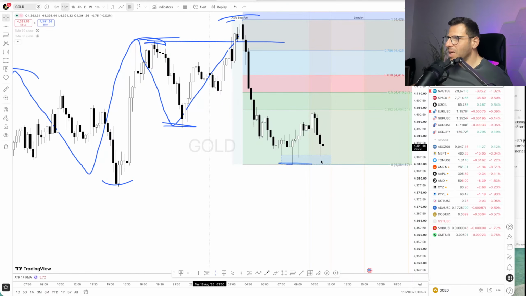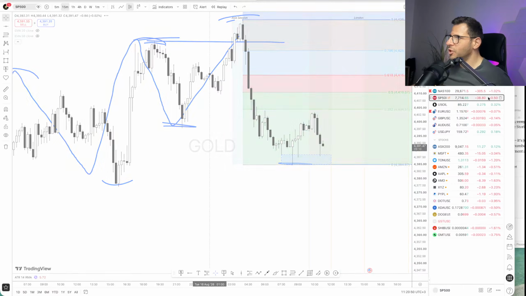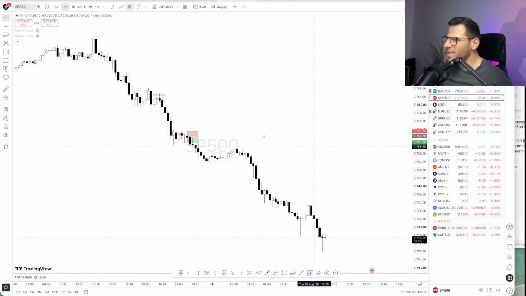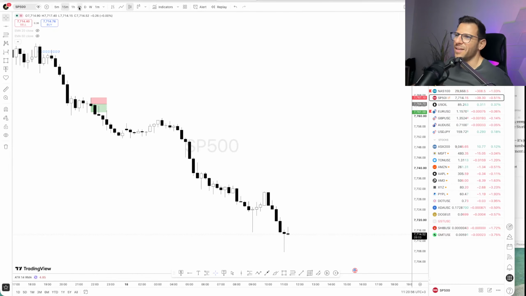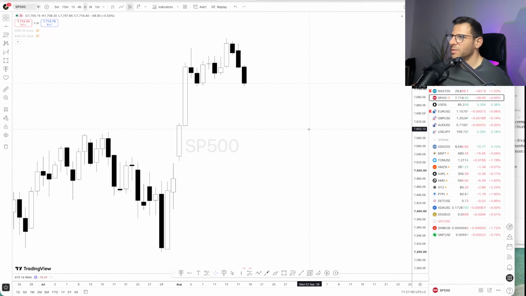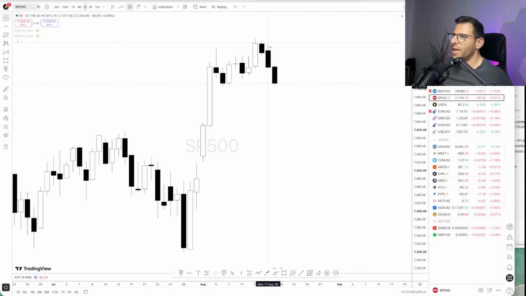Okay, so this is the plan on gold today. Looking for short positions because we changed structure, because we maintain this sequence. So let's move to the S&P 500. How nice is that? How beautiful is that? Yesterday, we went from this inside candle to a lower low.